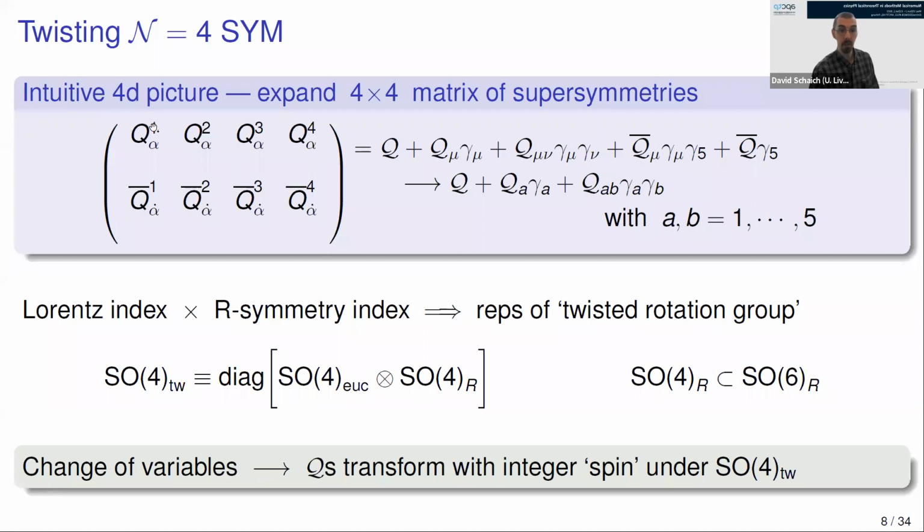Whereas if we go across each row, we are varying the index of the SU(4) R symmetry.